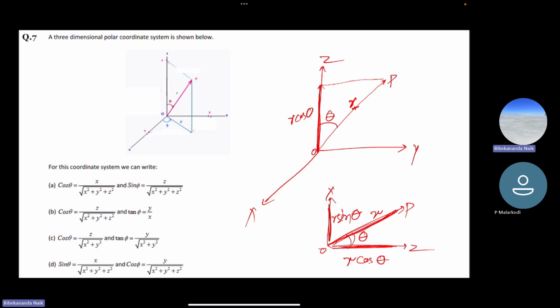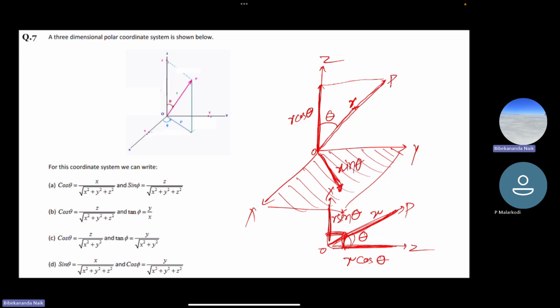Similarly, in the other perpendicular direction, since it is a three-dimensional case, this whole xy plane is perpendicular to the z axis. So the projection of this r vector in the xy plane will be nothing but r sin theta.